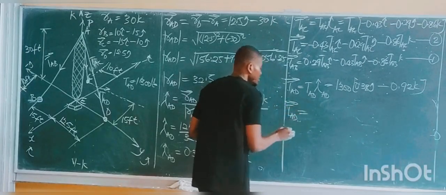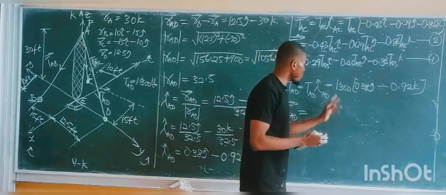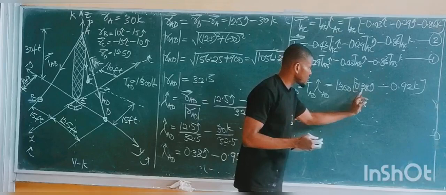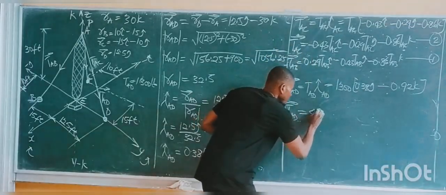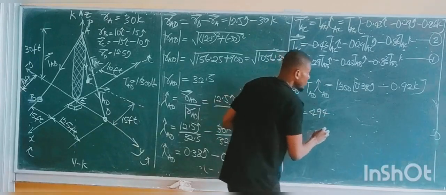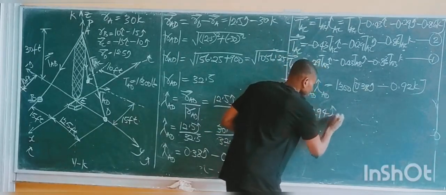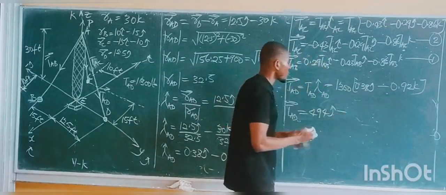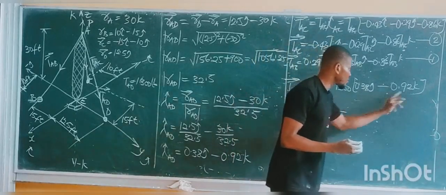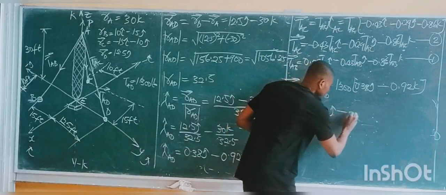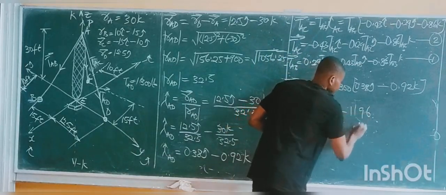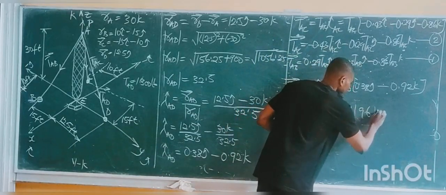To expand the bracket, the position vector of tension in cable AD is now equal to 1,300 multiplied by 0.38, which gives 494 in the J direction, minus 1,300 multiplied by 0.92, which gives 1196K.